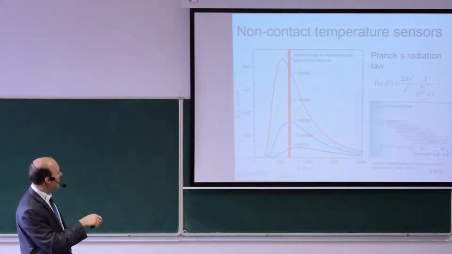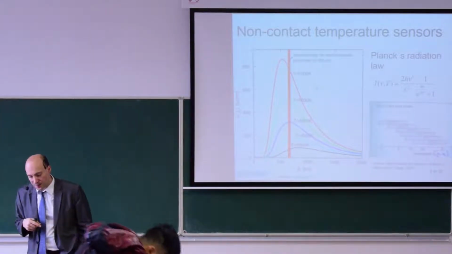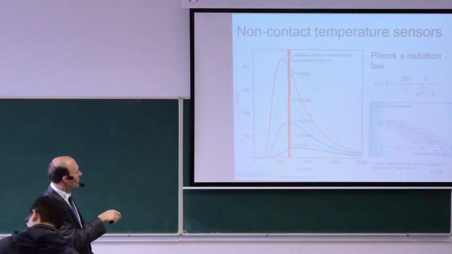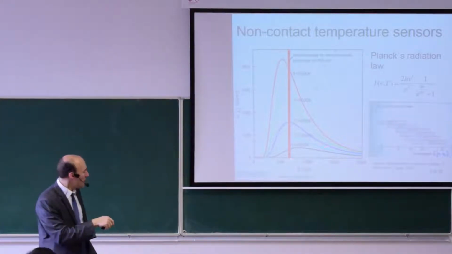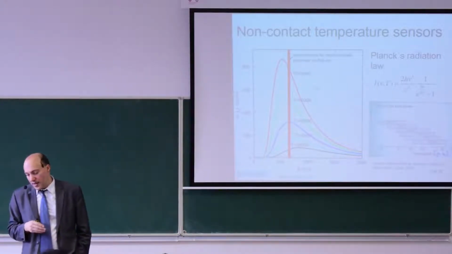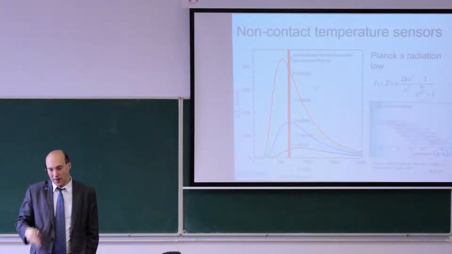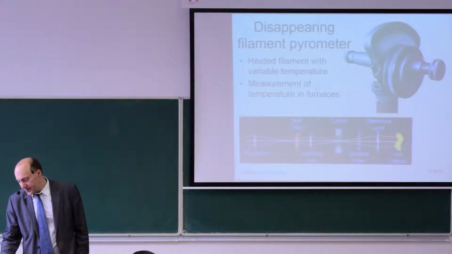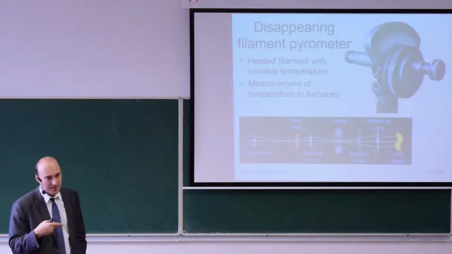So, for example, if I would look at 650 nanometers, I would be able to tell if this is the temperature, or if this is the temperature, or if that is the temperature. So I'm comparing one wavelength only, and this is called a pyrometer for a single wavelength. In other words, it's also called a monochromatic pyrometer.